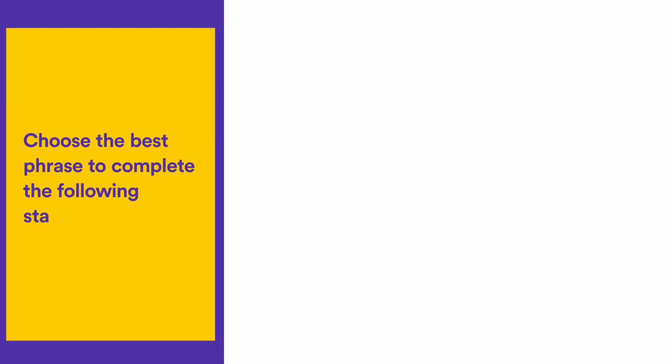Now choose the best phrase to complete the following statements. Pause the screen and think about what the best answer is going to be. Then I will reveal the answer. Number 1.